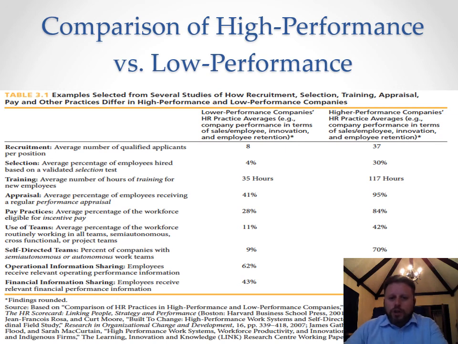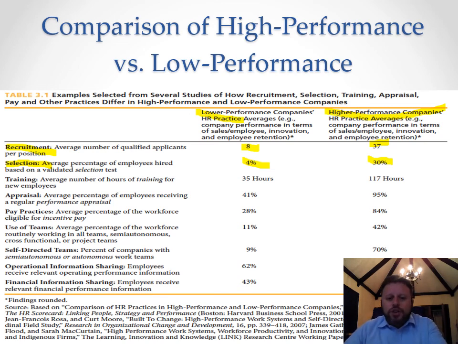For example, a low performance HR company, when they talk about who do they select, they might spend 4% of their time or money on deciding who to select. A high performance company, 30%. I mean, it's a huge difference. How much time do they spend recruiting the right person? A low performance company might spend 8 hours, and a high performance company, 37 hours per employee.